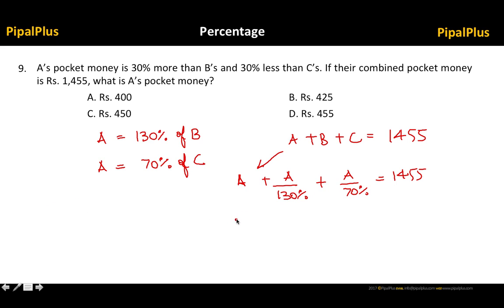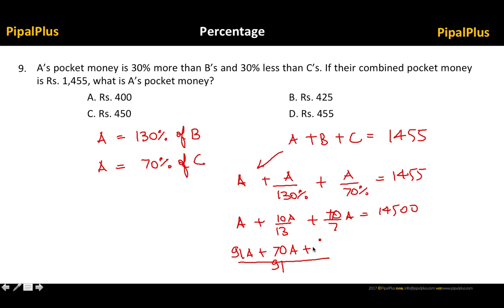So let's write this as 10 by 13A, sorry, 10 by 7A. So 13 7s are 91. I take this as LCM, so I get 91A. This is 13 7s are 91, 7 10s are 70A, 7 13s are 13 10s are 130A equals 145.